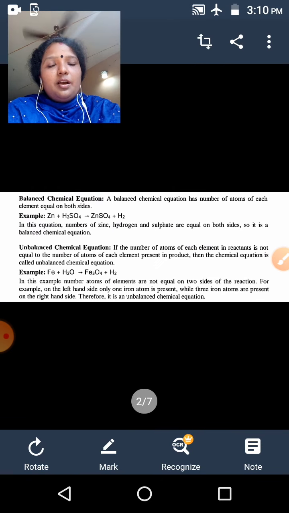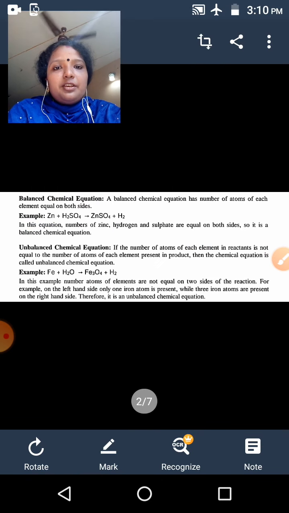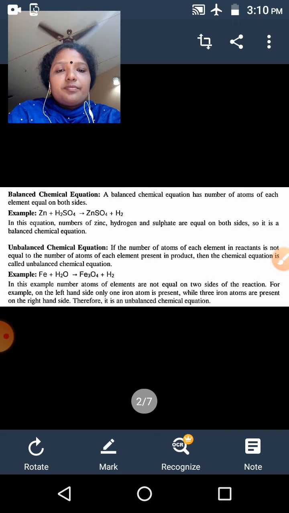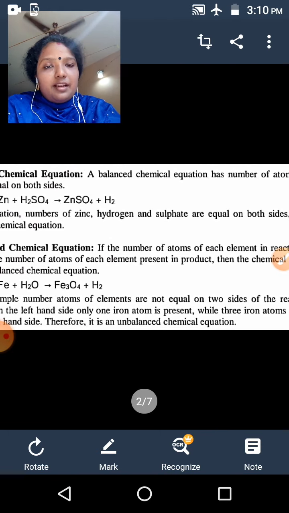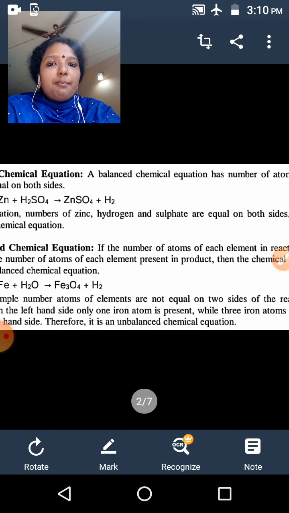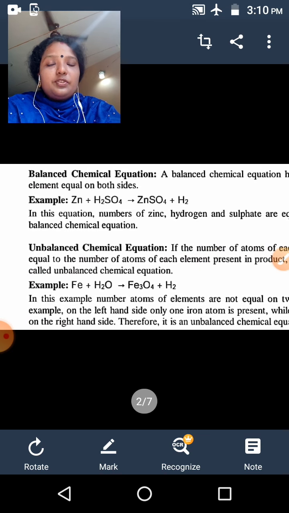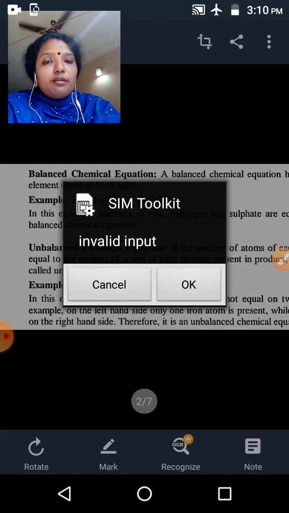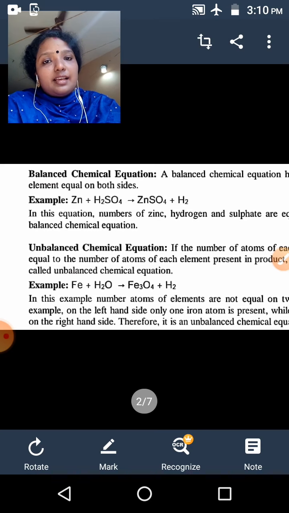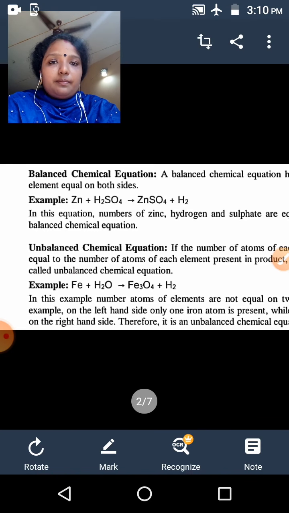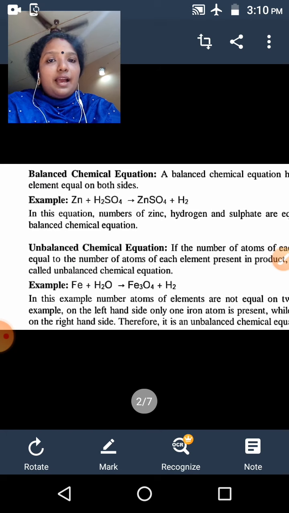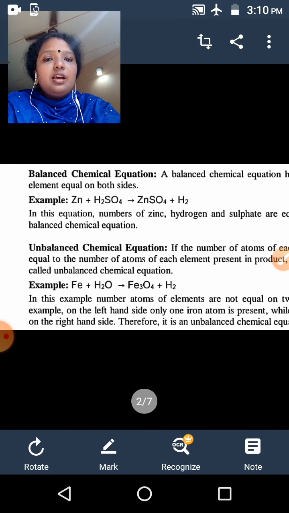What do you mean by a balanced chemical equation? A balanced chemical equation has an equal number of atoms of each element on both sides, which means the number of atoms of elements on the reactant side and the product side will be the same.